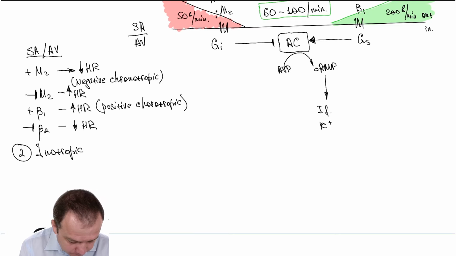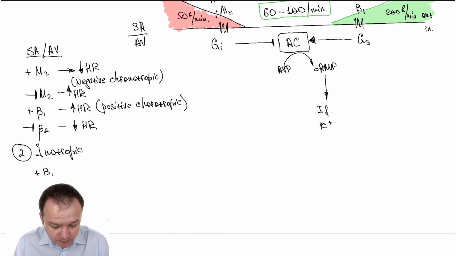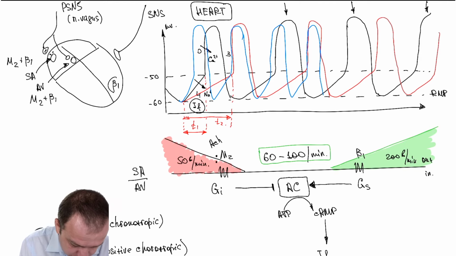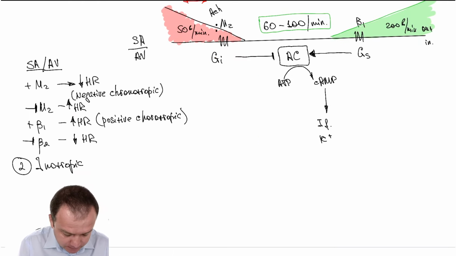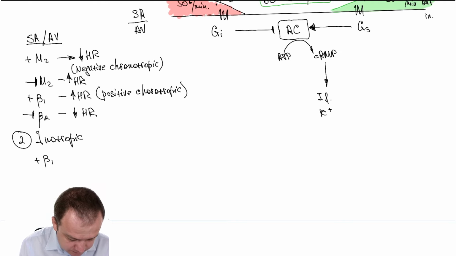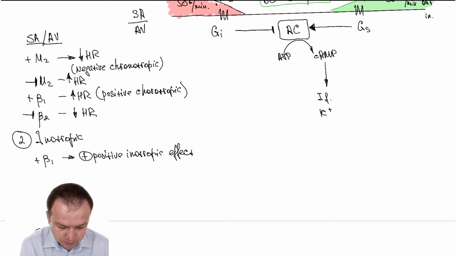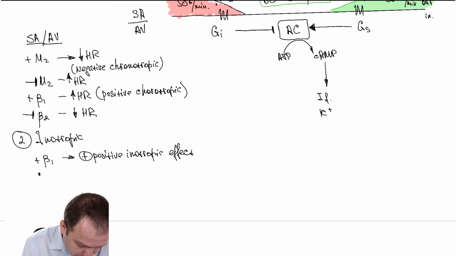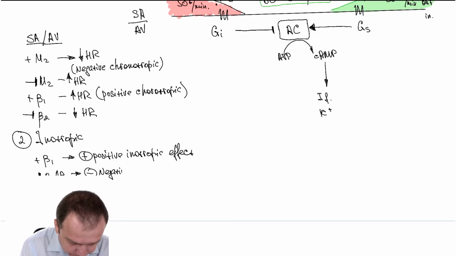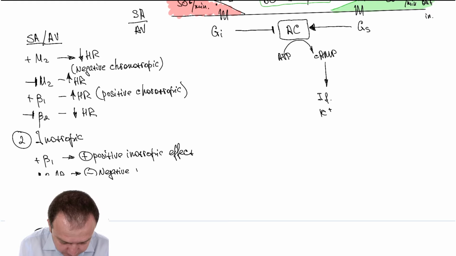Stimulation of beta 1 adrenergic receptors in the meat of the heart, the ventricles, increases contractility. Stimulation of beta 1 adrenergic receptors causes positive inotropic effect, and blockade of beta 1 adrenergic receptors causes negative inotropic effect.